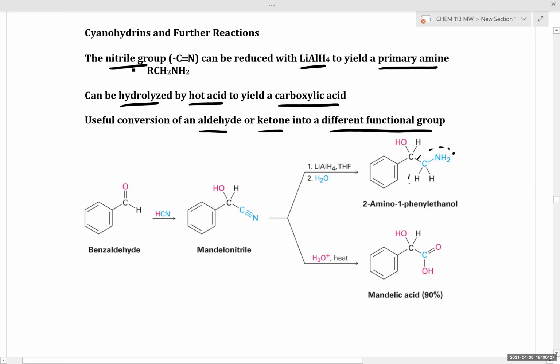Additionally, I'd like you to note that we have in effect added a carbon to our carbon chain. So this is a useful addition to our toolbox in terms of adding one carbon fragments. Does this idea make sense to everyone?